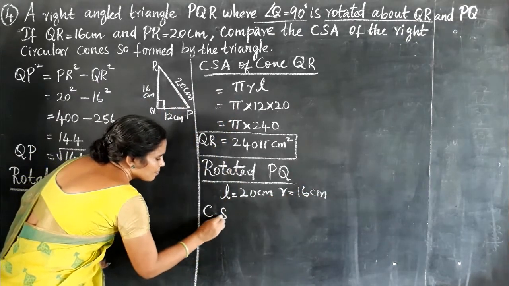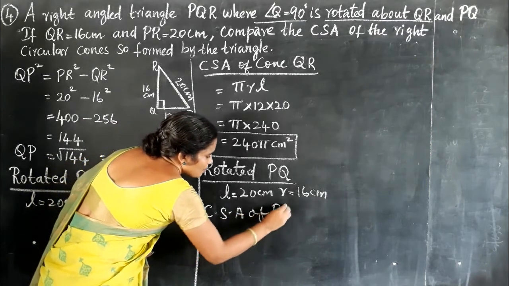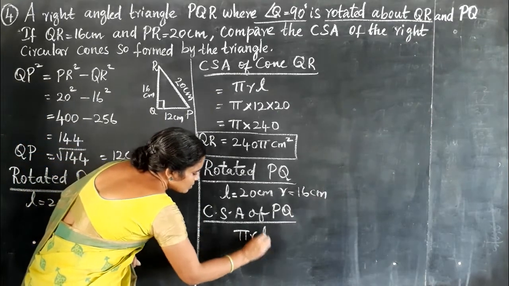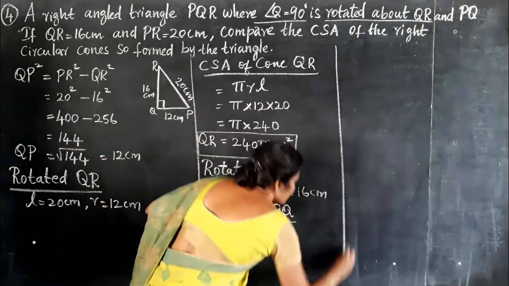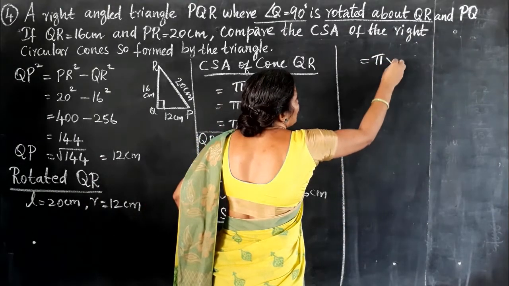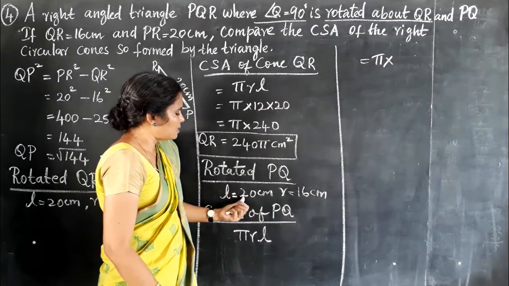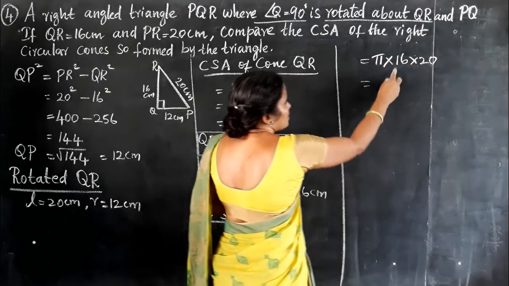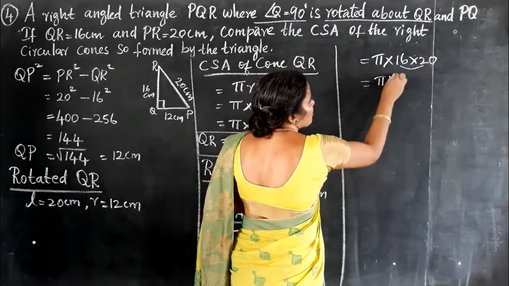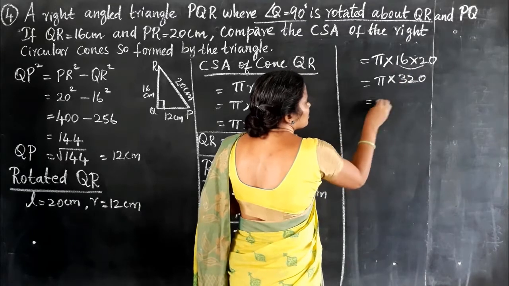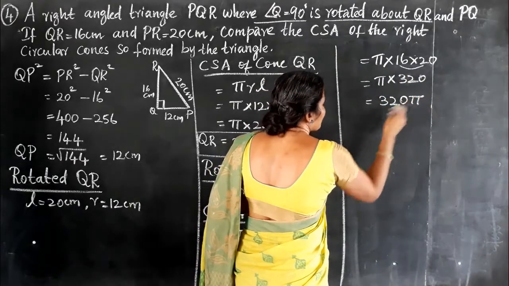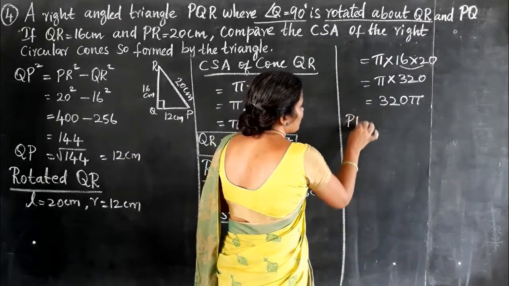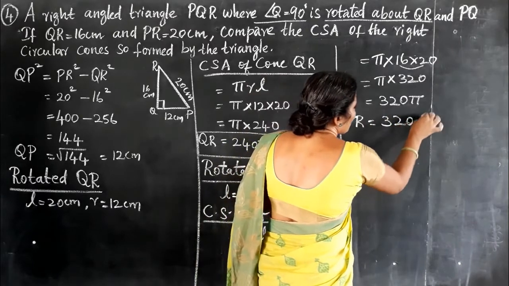So CSA when it is rotated about PQ is pi R L. Substitute the values, keep pi as is: pi into R, 16, into L, 20. 16 into 20, 16 into 2 is 32, so 320. 320 pi. Therefore CSA about PQ is equal to 320 pi.